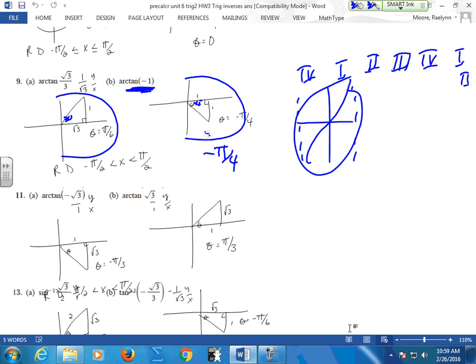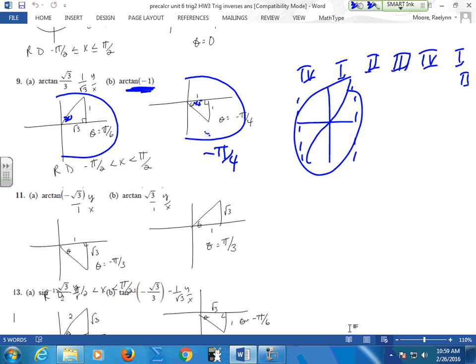This is why I kept this part separate. Inverses work a little bit differently, because our curves, even the tangent and the cotangent, don't have the horizontal line test. So we have to cut it off. We have to restrict it.